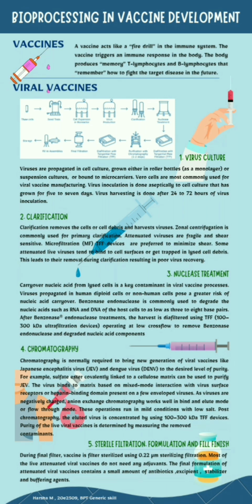Now moving on to processing and production of viral vaccines, which is the main topic of this poster. Virus is basically a microscopic infectious agent that can reproduce only inside a host cell. Viruses are generally attenuated via passage, growing several times in unrelated or foreign hosts such as tissue culture, embryonated eggs, or live animals.